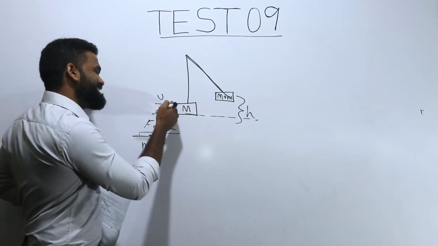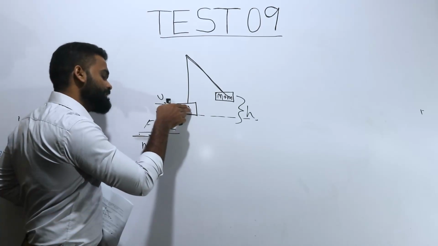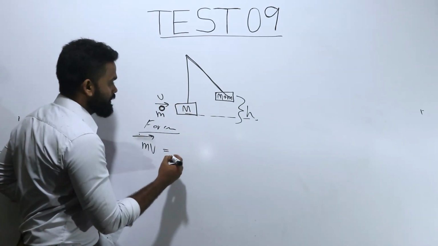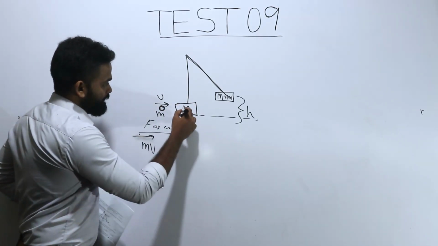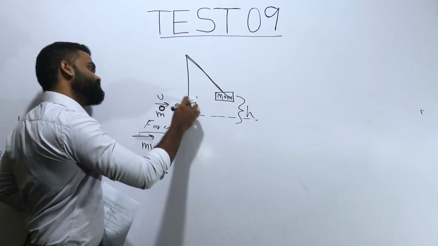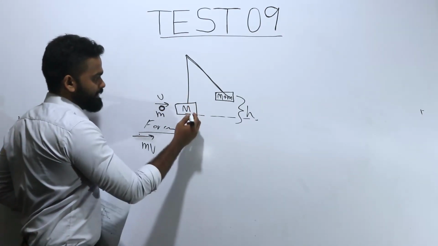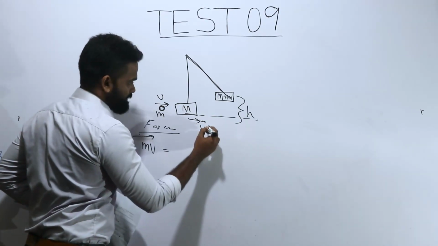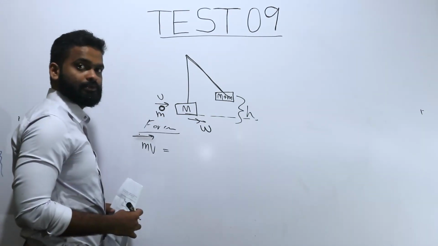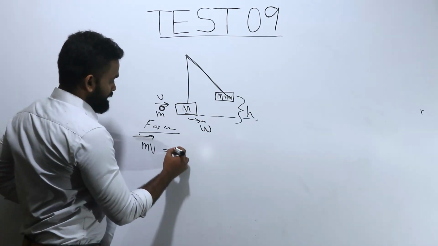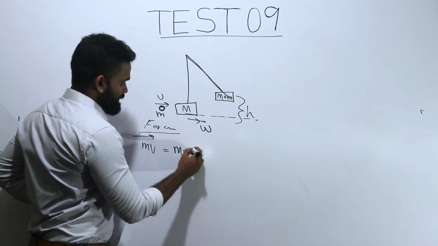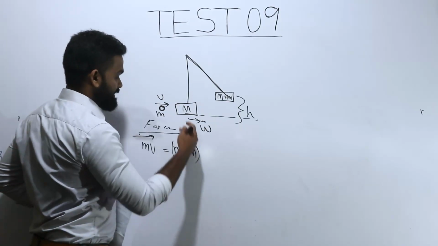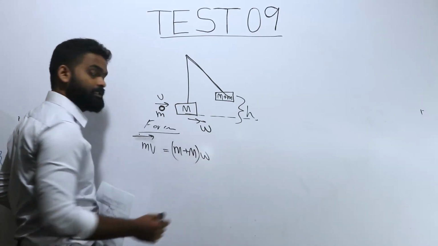Then after the bullet is stuck in capital M, both act as one object. Let's say that system gets a velocity w. Then small m and capital M both act as one object and gain a velocity w.